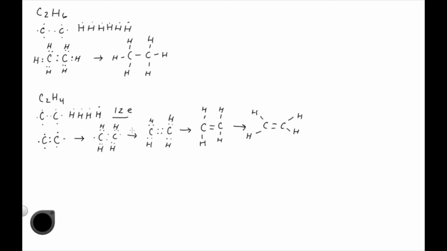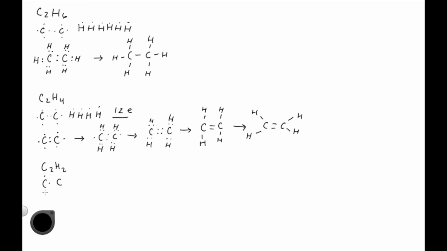And so now, for our third molecule and our third example, we have acetylene. Now, acetylene has the chemical formula of C2H2. So once again, we count the valence electrons. So acetylene is going to have 2 carbons in it.